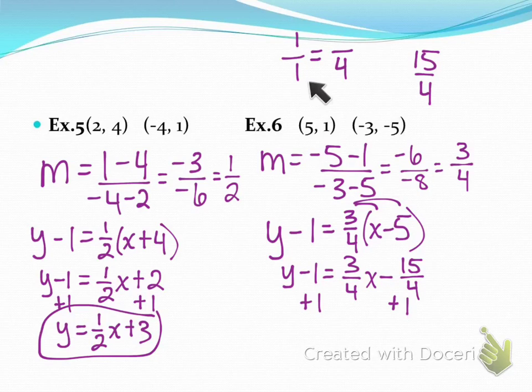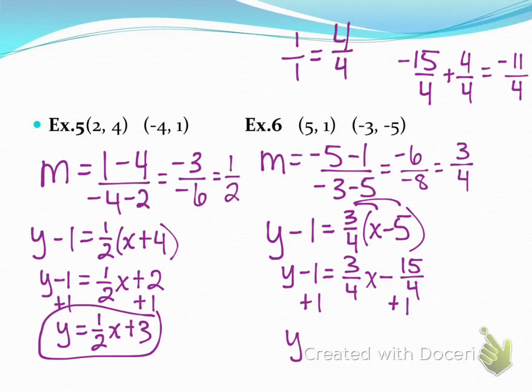We multiplied by 4, so 1 times 4 is 4, and then in the top, 1 times 4 is also 4. So instead of adding a positive 1 over 1, we're going to add 4 over 4 because that's the same thing with a common denominator. Our 15 is negative. So what is negative 15 plus 4? Negative 11. And our denominator is going to stay 4.